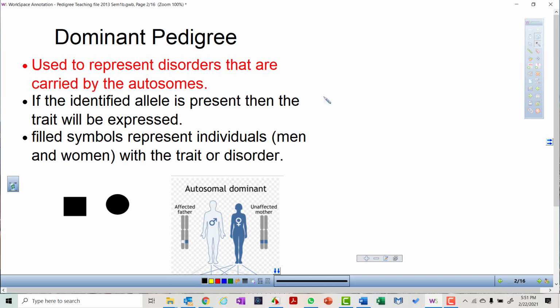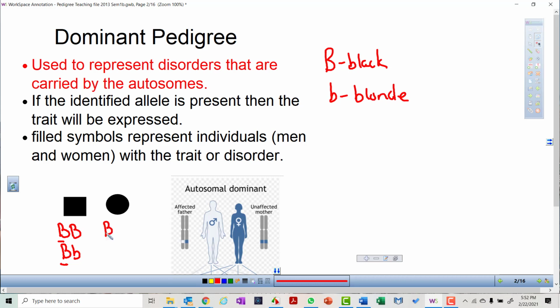So if I were using hair color, for example, if I use big B to represent black hair, which is a dominant trait, and small b to represent blonde hair, which is a recessive trait, then this genotype could be a big B and a big B, or it could be a big B and a small b. Either one of these could be the genotype for this male.